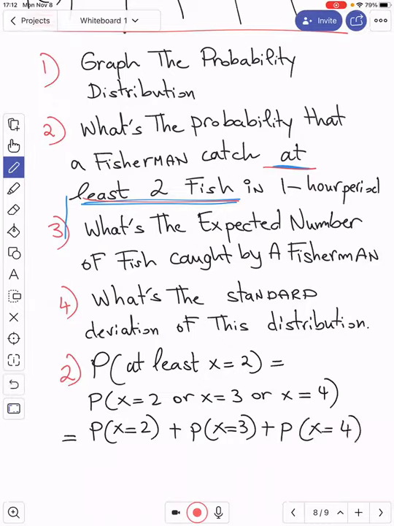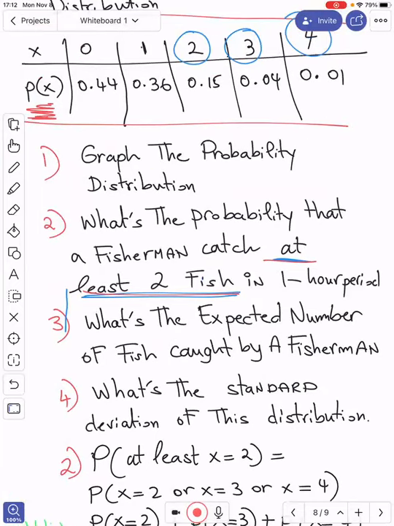Again, here I'm supposed to use the addition rule, as I explained in the previous example. The probability of x equal to 2 comes from the probability distribution table.